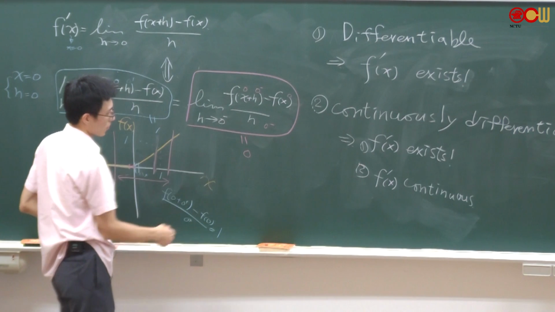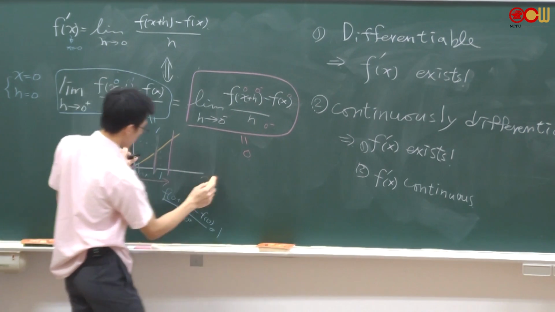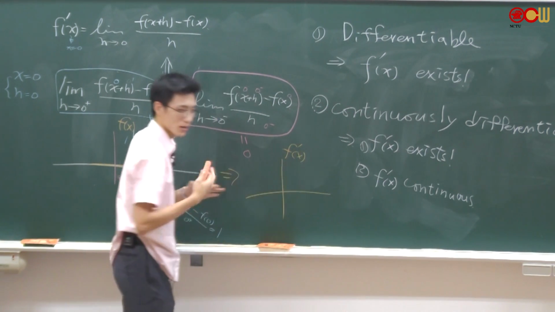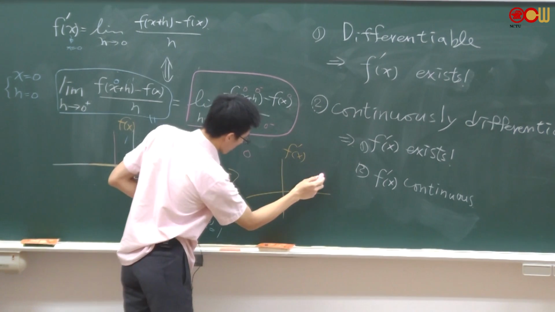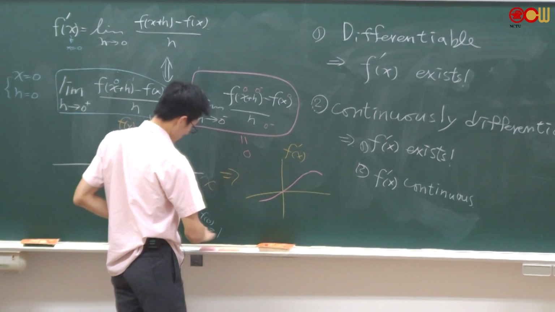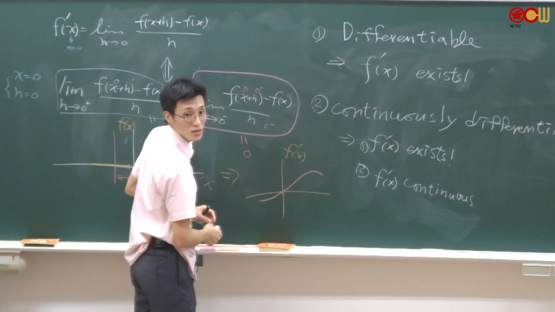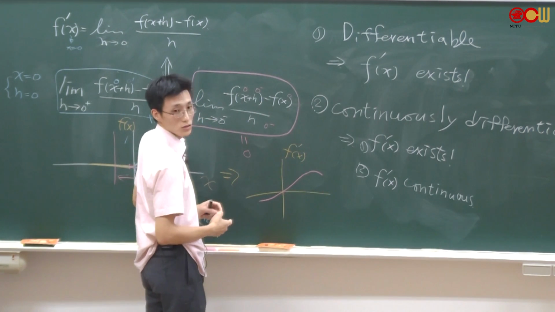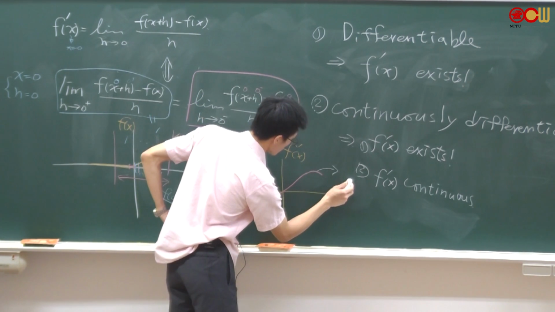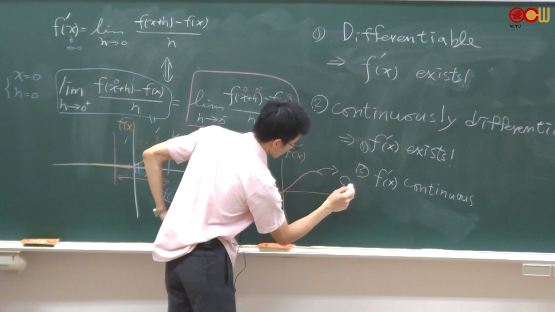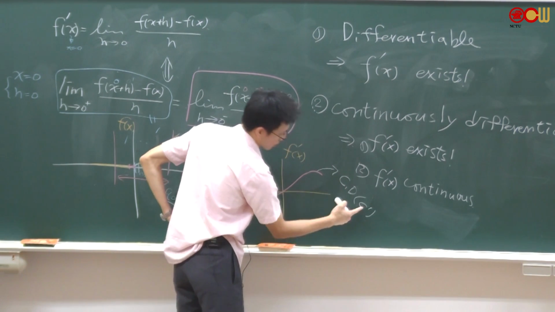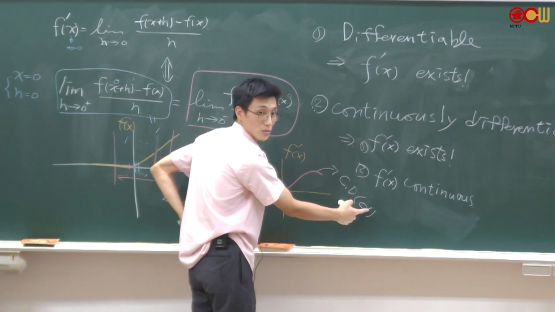And for the second example, given this f, we can take the derivative of this f and plot out the function, and evaluate if it's continuous. Okay. If that happens, it's continually differentiable. So in this case, it's continually differentiable. We call it C1. Continuous, and it's first order differentiable.